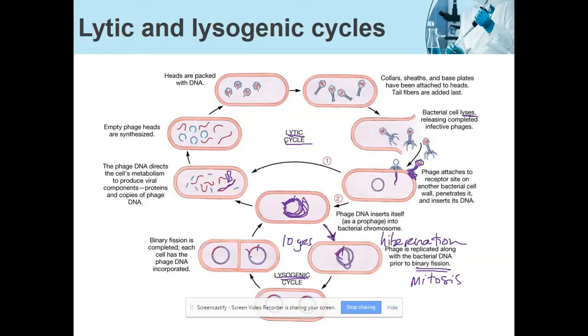And so you can imagine the number of cells that are produced through mitosis that all have copies of the virus. And then at some point, something triggers the viral DNA, it does get activated, and we end up in the lytic cycle. And so all of the cells, thousands or tens of thousands of cells, are now all producing viral DNA and viral proteins.